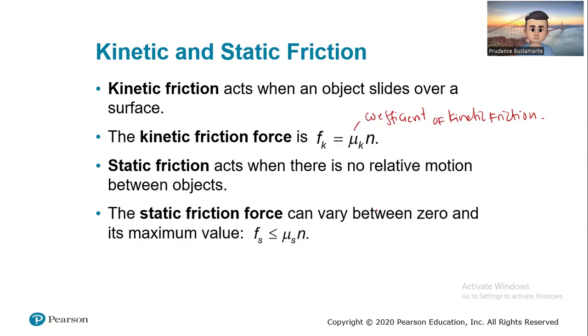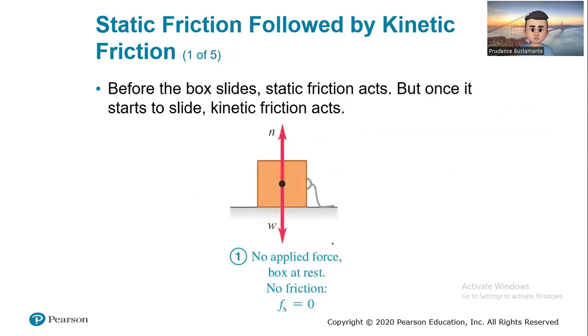These are the friction forces that act when there's no relative motion between the objects. The static friction force can vary between 0 and the maximum value. You will know this later as we conduct an experiment.